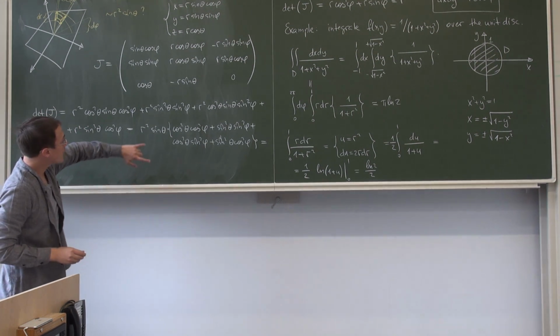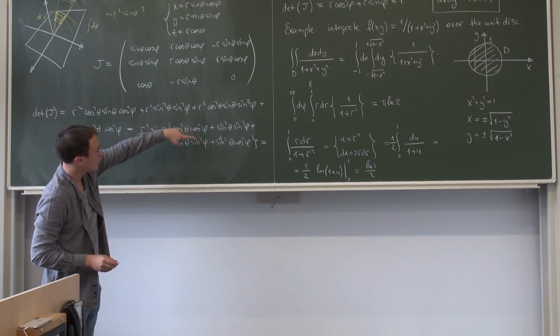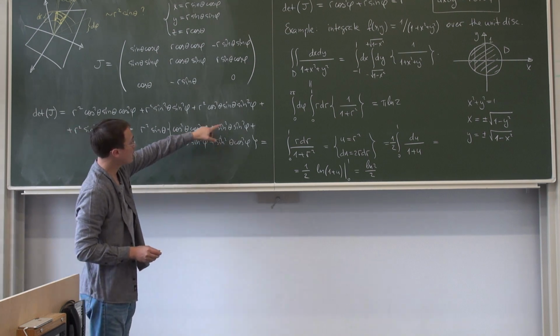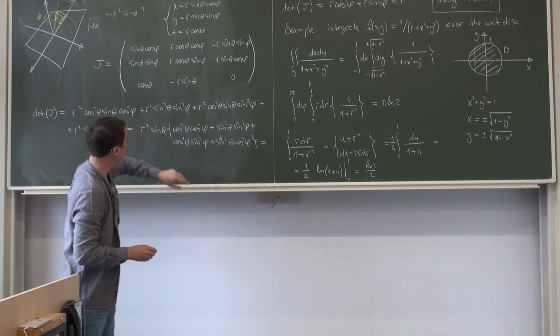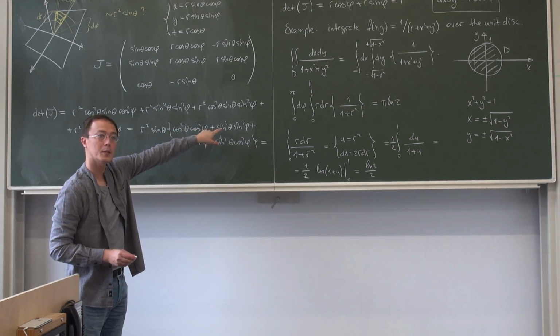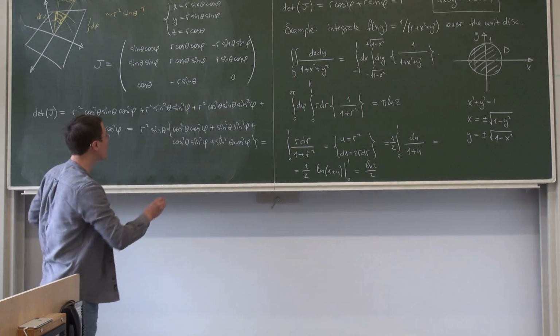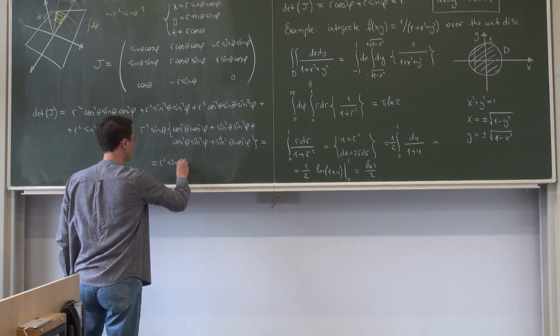Let's imagine we take cos squared theta out of the bracket. We will have what remains, cos squared plus sine squared. This would be 1. We take sine squared out of the bracket, sine squared plus cos squared, 1. And we are left with cos squared plus sine squared with respect to theta. Again, 1. This entire curly bracket is equal to 1. And so we have r squared sine theta.